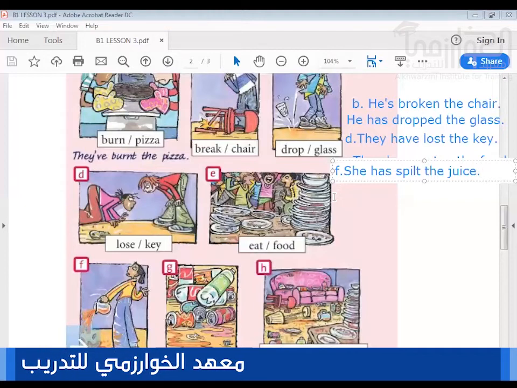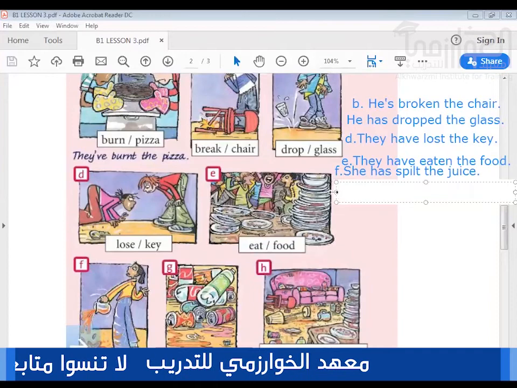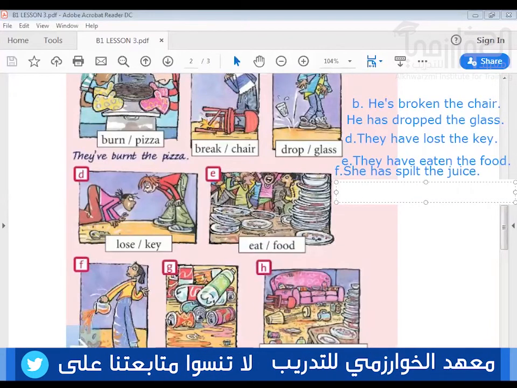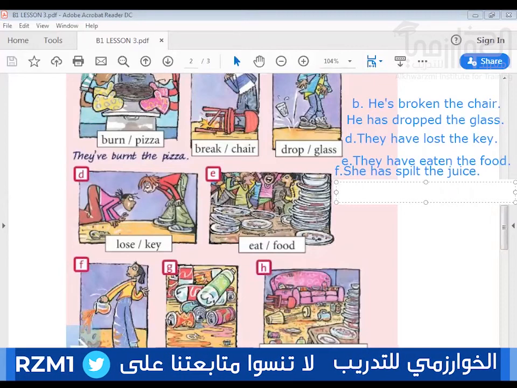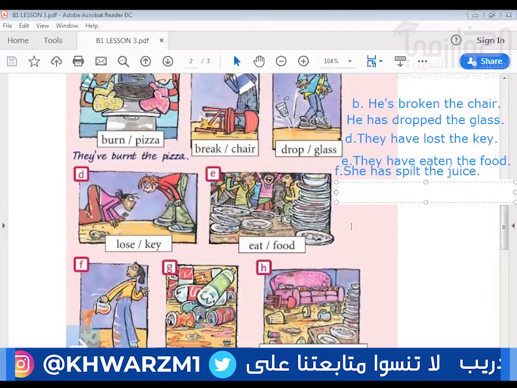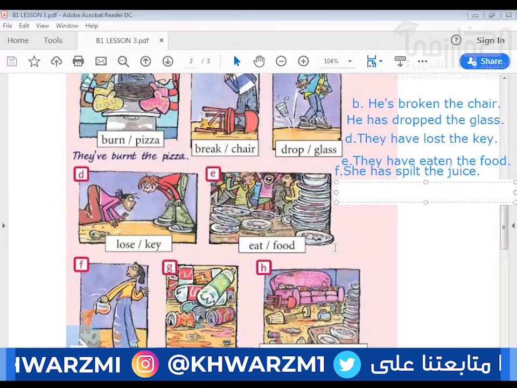Okay, so now G, and then we move to G. Let's look at the word. It is what? Drink. And verb 3 is drunk. And that is D-R-U. Yes, not an A. The A is the verb 2. So verb 3 is U. So we have G here.